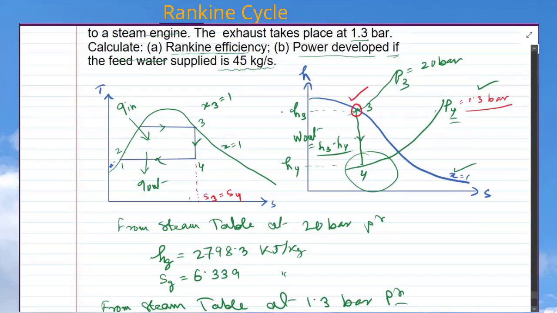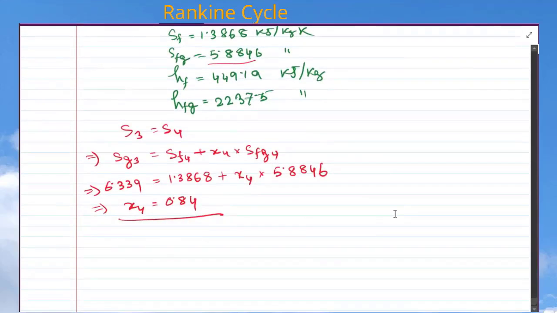H3 we know, it is equal to Hg at point 3, but H4 we do not know, so we have to calculate it using the value of X4. Now H4 is equal to Hf at point 4 plus X4 multiplied by Hfg at point 4.